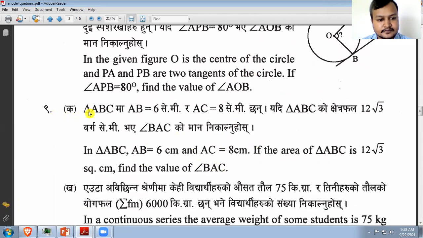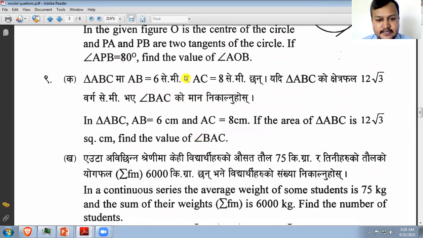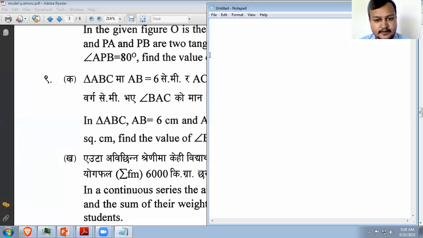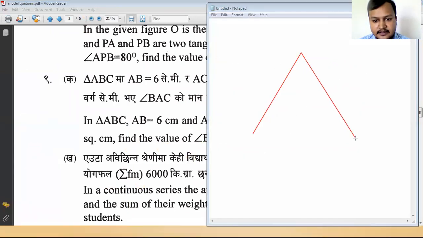9A. In triangle ABC, AB is equal to 6 centimeter, AC is equal to 8 centimeter. If the area of triangle ABC is 12 root 3 square centimeter, find the value of angle BAC. Here a triangle is given in which two sides are given to us.